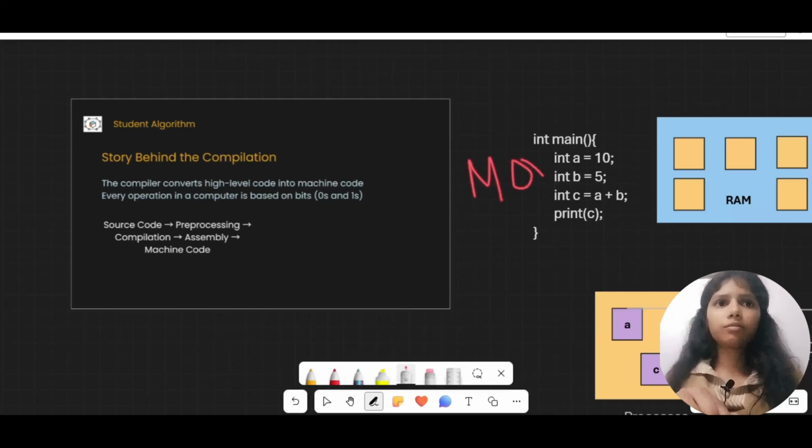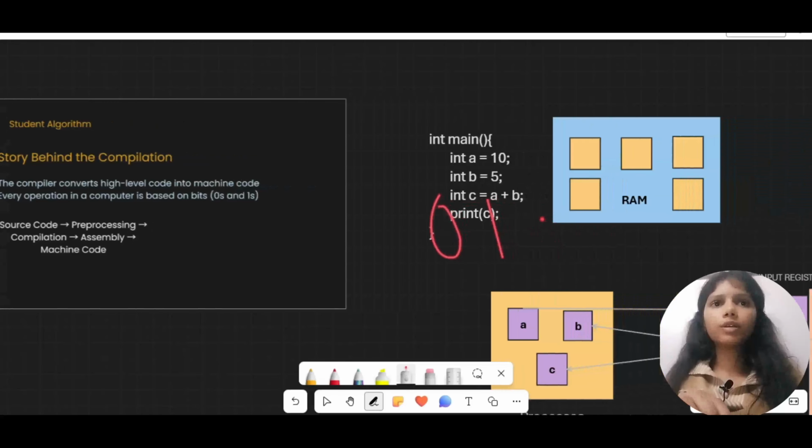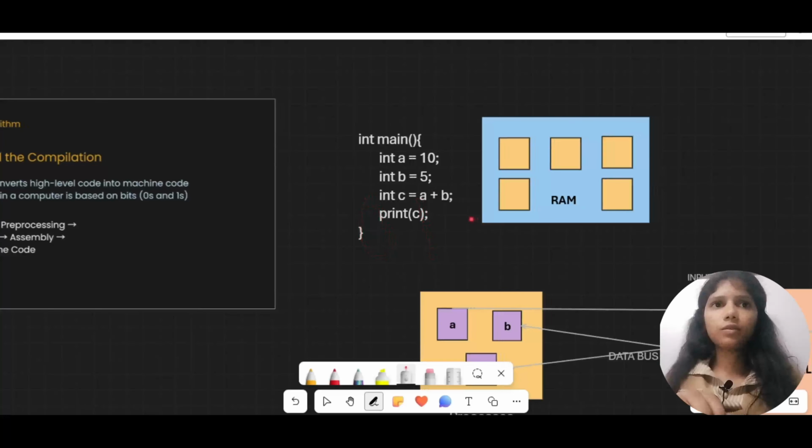You will have some instructions like move, add, sum, difference, mult, etc. This data will be stored in the registers. The register transfers take place in the assembly language. So it's kind of English level language, remember up to that. After converting into the assembly level language, it will be converted into the machine code, which will be in the form of zeros and ones.